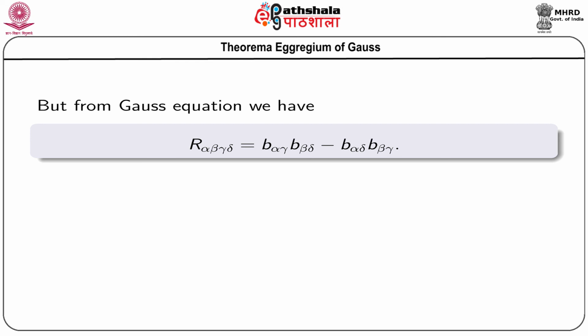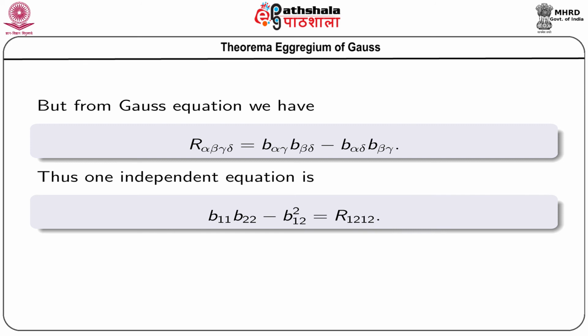We have also obtained that this equation has only one independent equation, and that is B11 B22 minus B12 square equals R1212. That means R1212 is nothing but B11 B22 minus B12 square. Now, this R1212 is the (0,4) tensor, the Riemann curvature tensor. We have obtained these relations earlier.